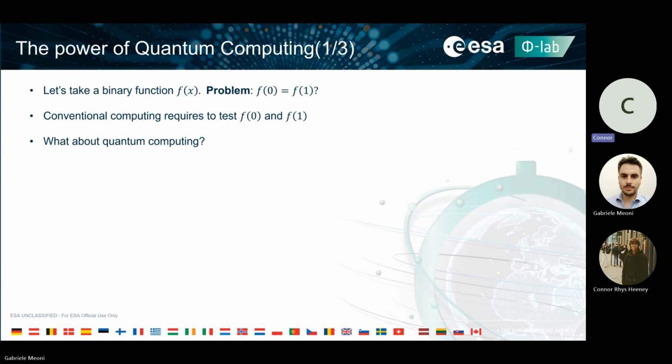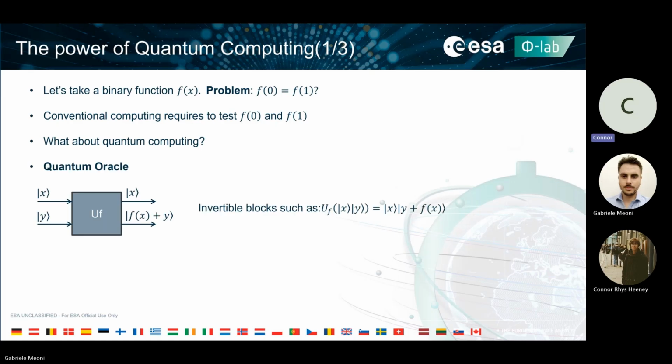What about quantum computing? Well, to understand that, I need to introduce the concept of a quantum oracle. A quantum oracle is a linear operator that takes the quantum bit x and quantum bit y and basically produces output x and f of x plus y. So basically, it's called an oracle because you don't know the function, but for all the inputs, you have the output of the function.